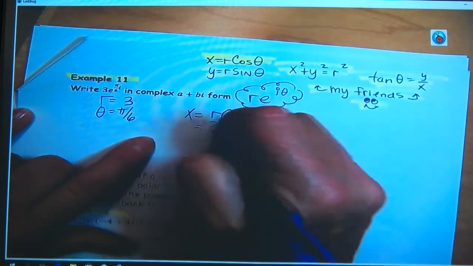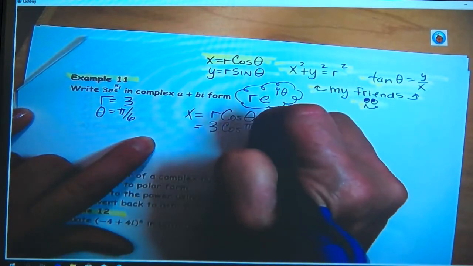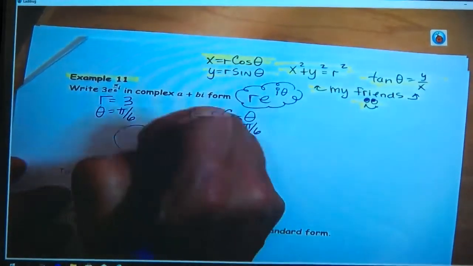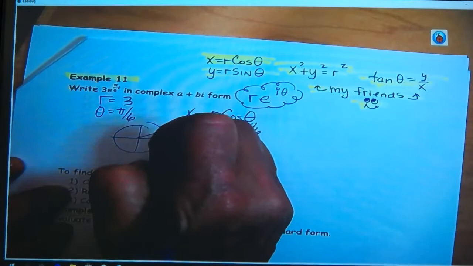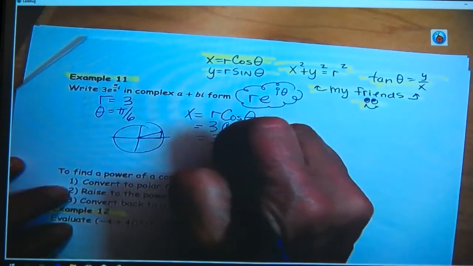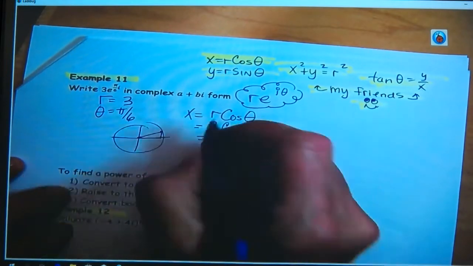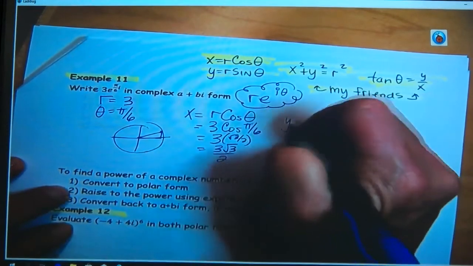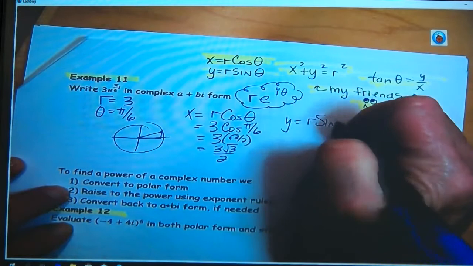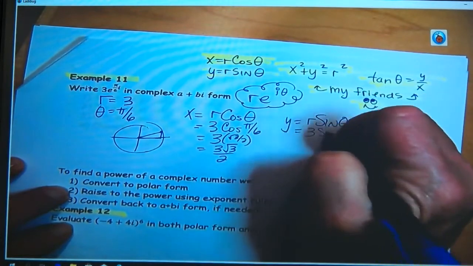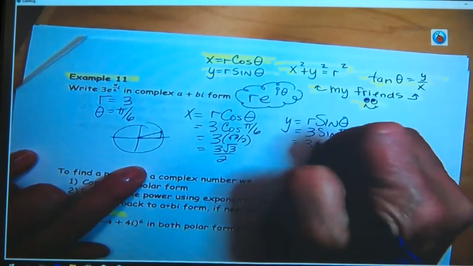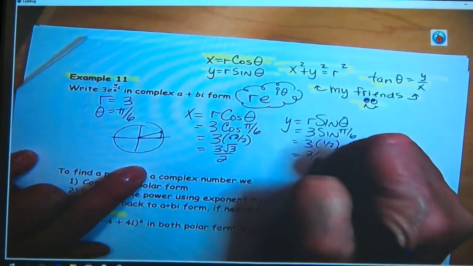and 3 times the cosine of pi over 6, since it's on the unit circle, piece of cake. Cosine of pi over 6, let's see, pi over 6 is this guy, the cosine is the square root of 3 over 2, so it's 3 radical 3 over 2. y equals r sine of theta, which is 3 times the sine of pi over 6, which is 1/2, or 3/2.